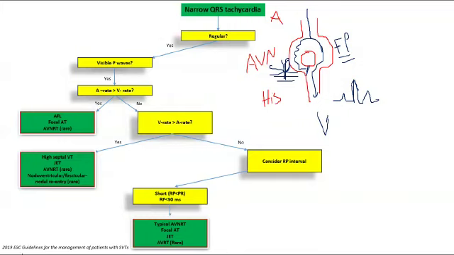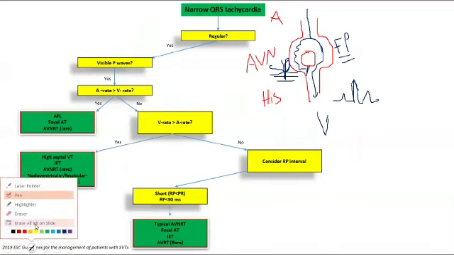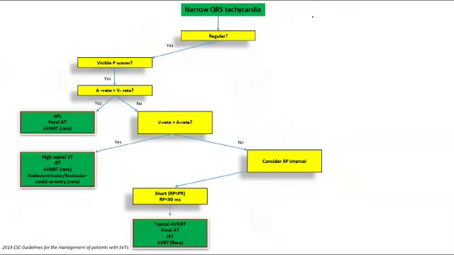Keep that in mind. Now, what happens is that if you get an ectopic beat, a premature atrial complex, it comes down. Let's say that's your PAC.